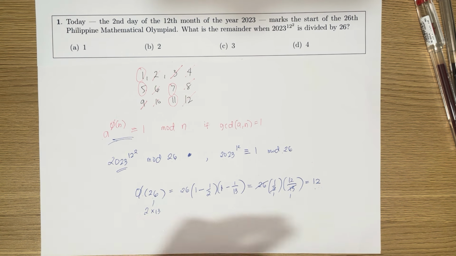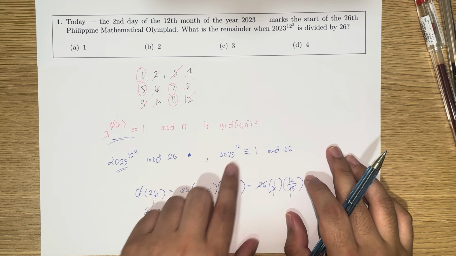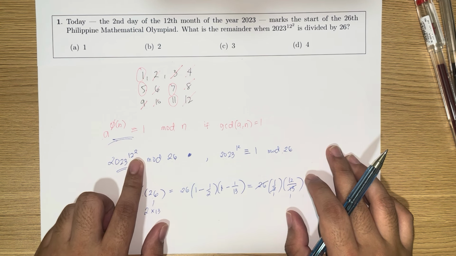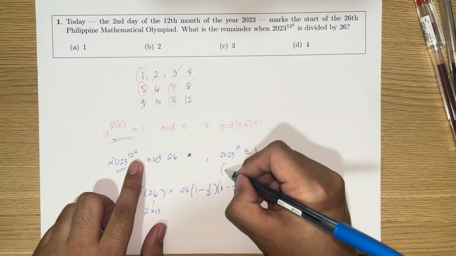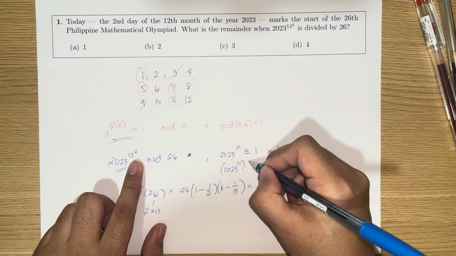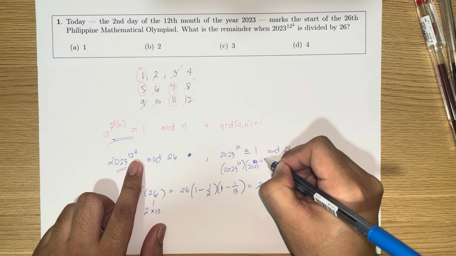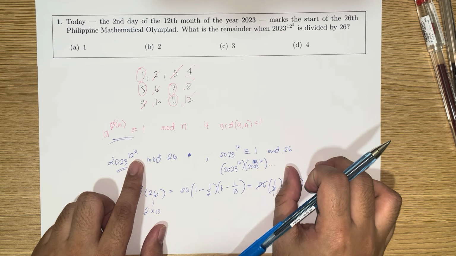So we have here that 2023 to the 12 is congruent to 1. But we have here 12 squared. What we have to do now is find 12 squared mod 12. Basically, we want to write this as 2023 to the 12, times 2023 to the 12, times 2023 to the 12, and so on, and then just find what's left from there.